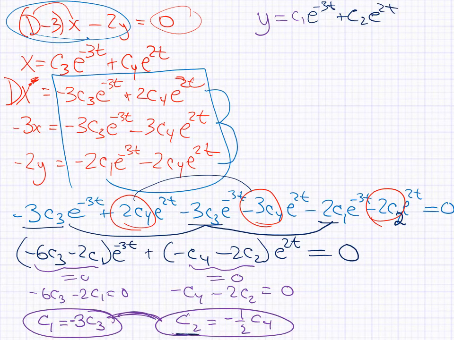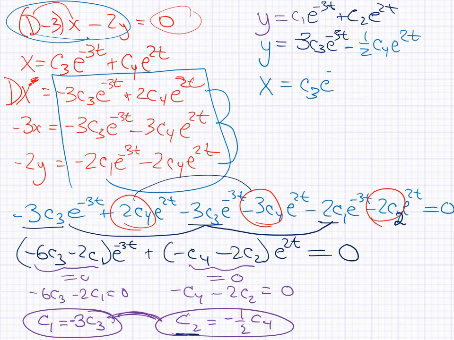But because of what we just did, we could actually write that as negative 3C3 e to the negative 3t minus 1/2 C4 e to the 2t. So that's your y, and your x was just C3 e to the negative 3t plus C4 e to the 2t.